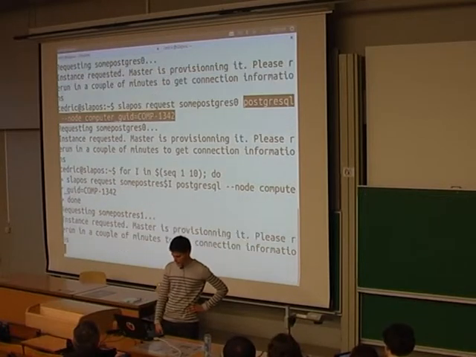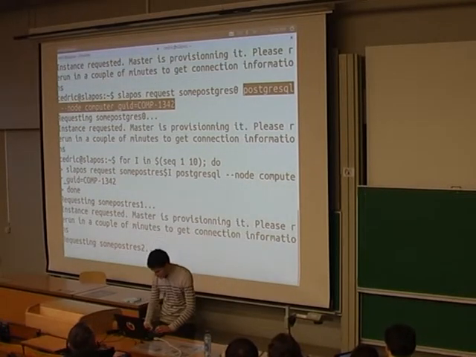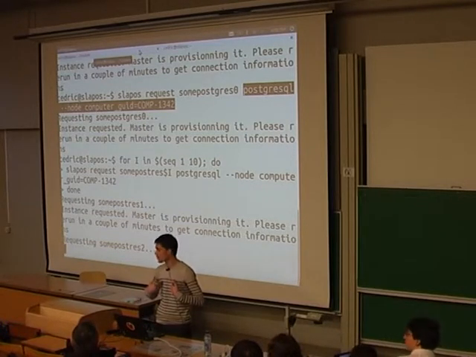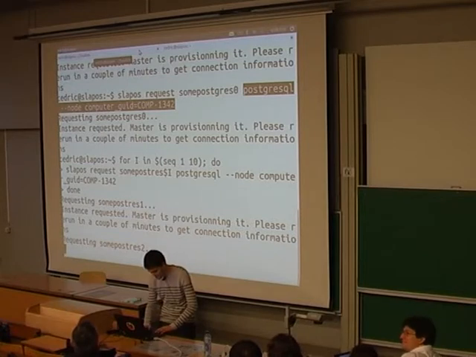Okay, so request, so we'll see it in a few minutes. So this is the name of the instance, so I name it like I want, and I want it to be like this.